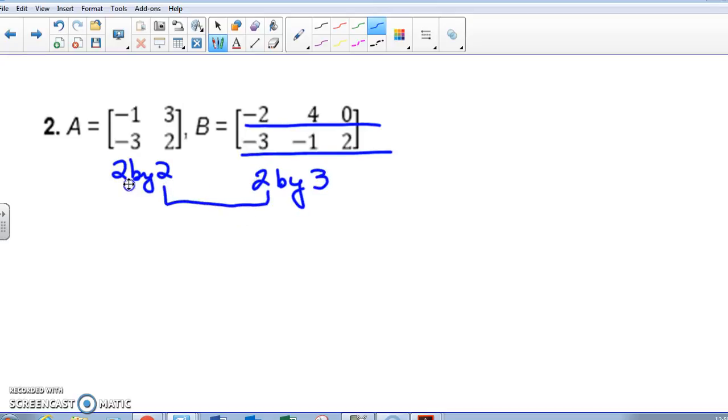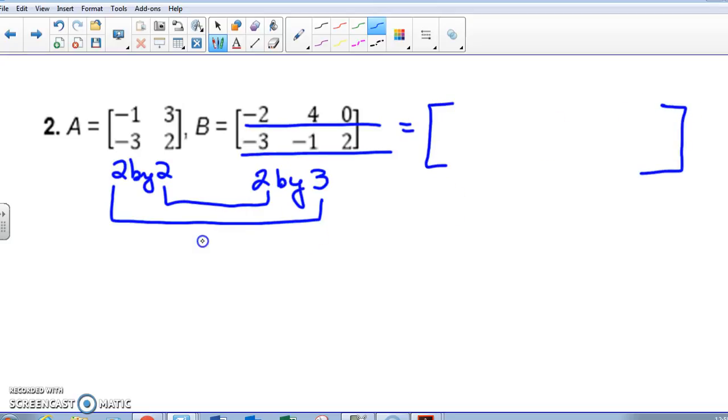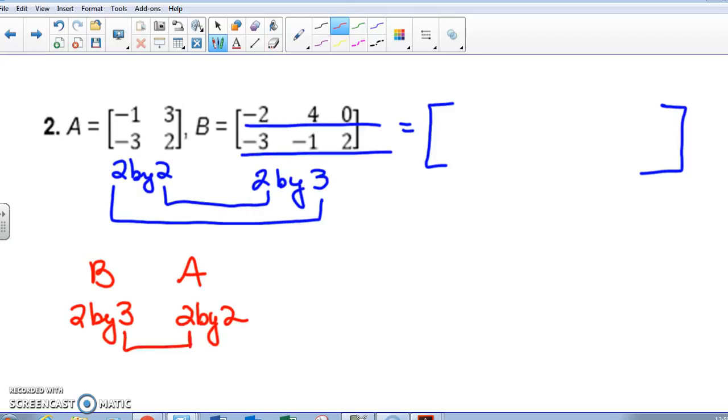Because these are the same, we can multiply and get a 2 by 3. Will we be able to do B times A? When we switch it around, we'll have a 2 by 3 times a 2 by 2. Is that okay? No, because these aren't the same, we won't be able to do this. Okay, B times A is not going to be possible.